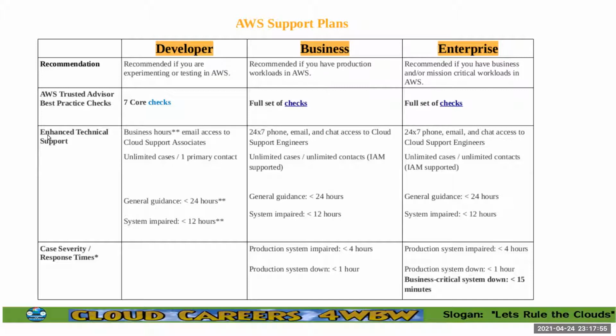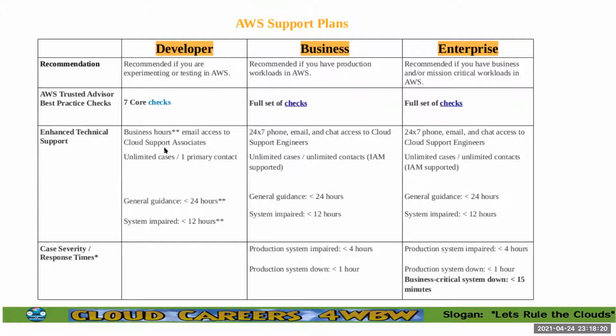And it goes the same for enhanced technical support. You have to notice that for the developer, you have unlimited cases and one primary contact. But for the business, you have unlimited cases and unlimited contacts. That's the difference here. So if a question requires just one primary contact, then you know that it will suit the developer plan.